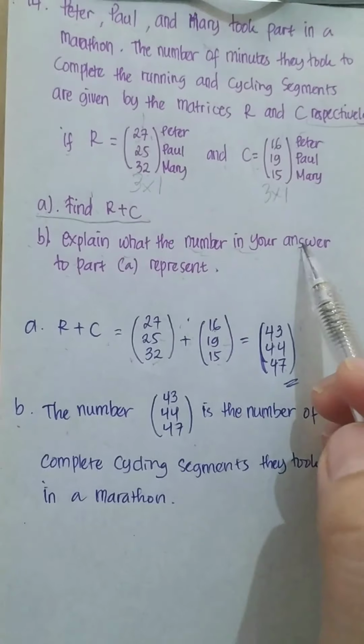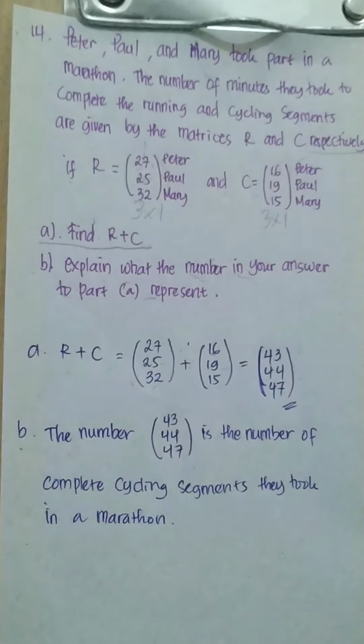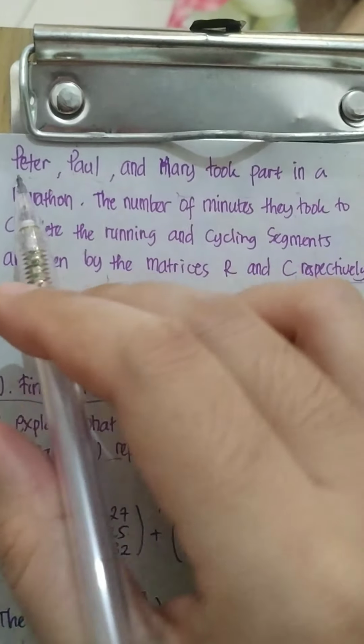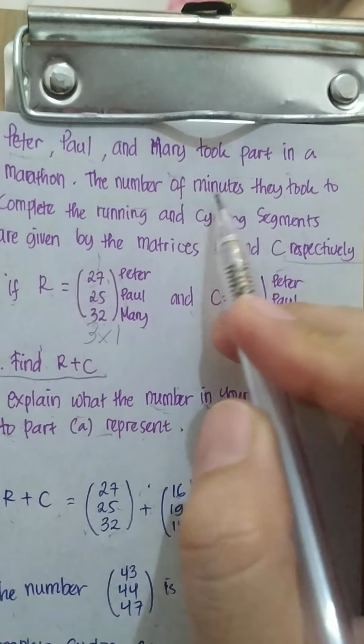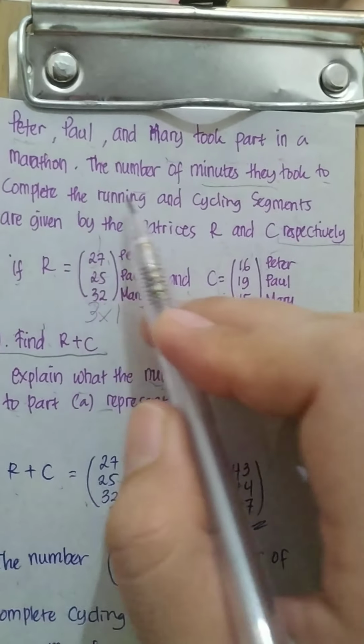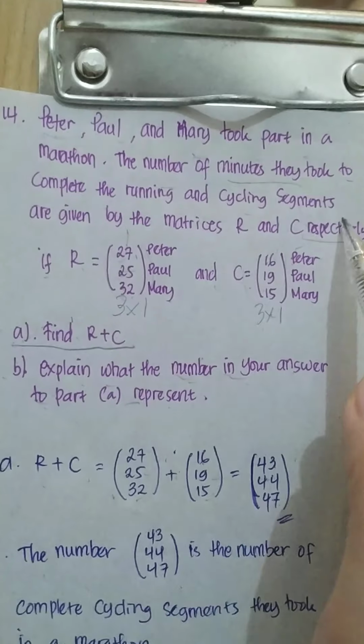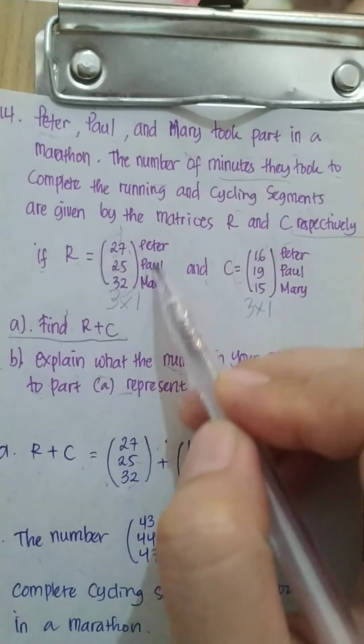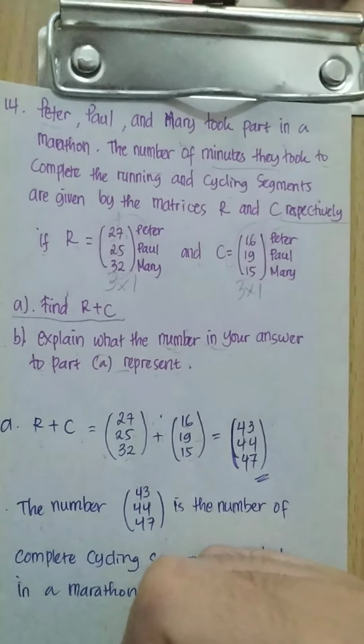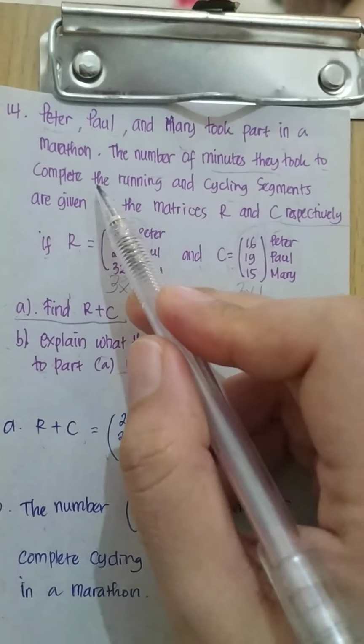Explain what the number in your answer to part A. Remember, tadi di pertanyaan, the number of minutes they took to complete running and cycling segments. Ini berarti menit-menit di mana mereka bisa memenuhi berlari maraton itu kan.